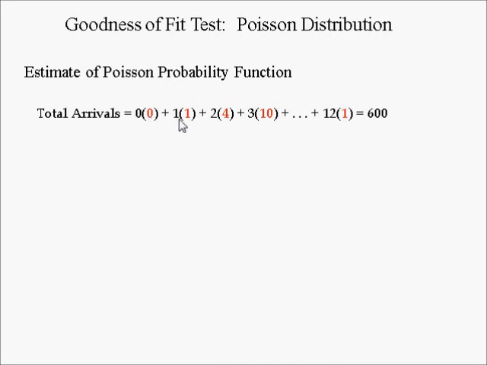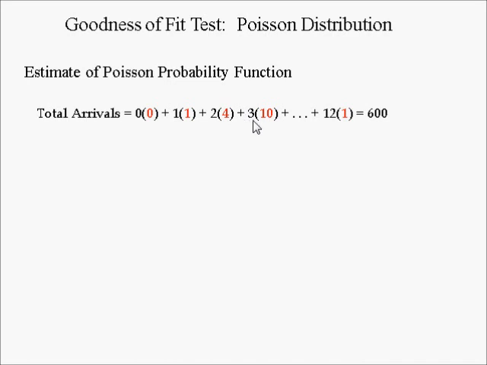Then we add to that how many times 1 car pulled up to the garage in a 1-minute time interval, and that happened once. And then we look at 2 cars in a 1-minute interval, which happened 4 times.